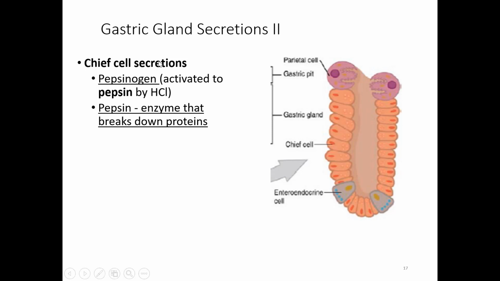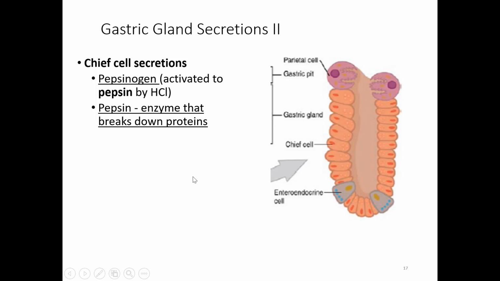Next one, chief cells produce a substance called pepsinogen. Pepsinogen, as soon as it's produced by chief cells, will be activated by hydrochloric acid produced by parietal cells, and it turns into pepsin. And pepsin is an enzyme that breaks down proteins.